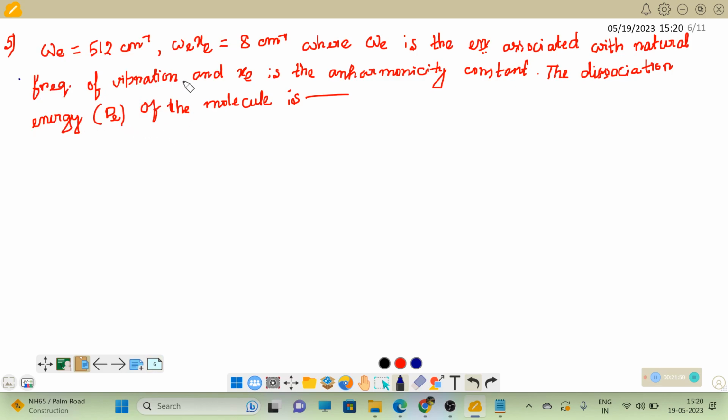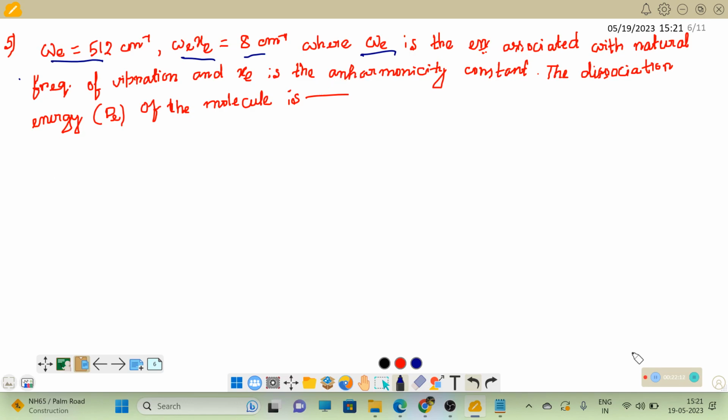Read this question. omega e equals 512 centimeter inverse and omega e xe is 8 centimeter inverse, where omega e is the energy associated with the natural frequency of vibration and xe is the anharmonicity constant. They are asking about the dissociation energy of the molecule.